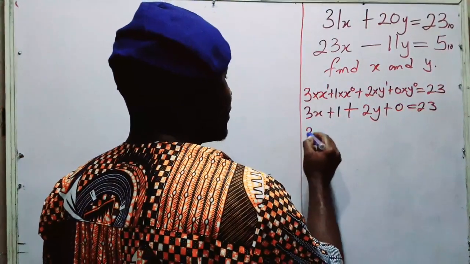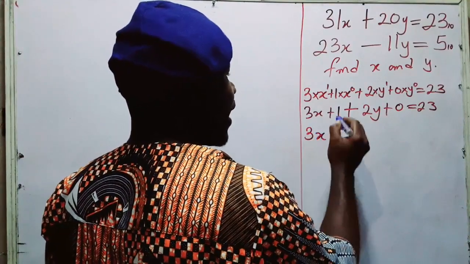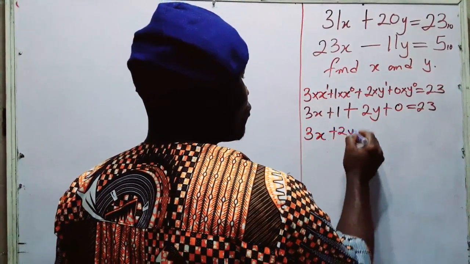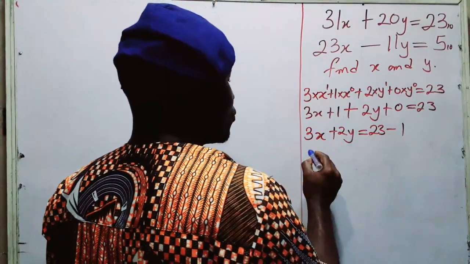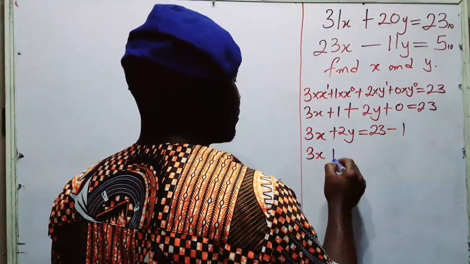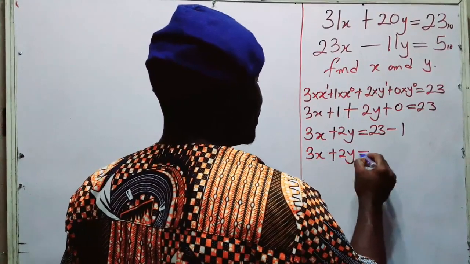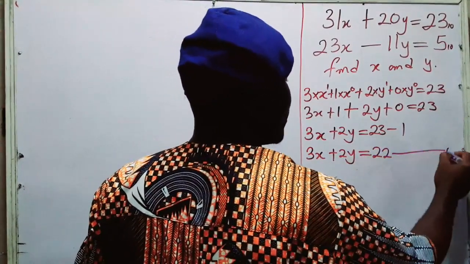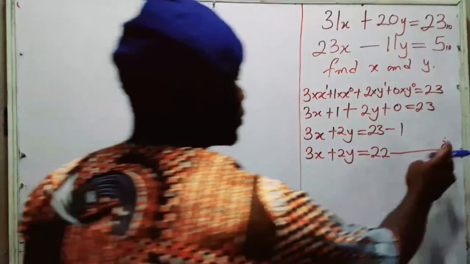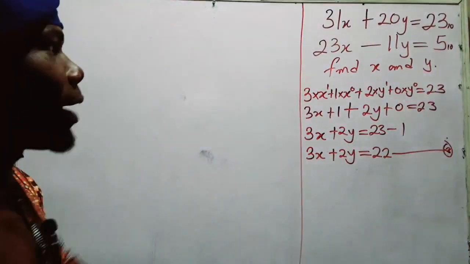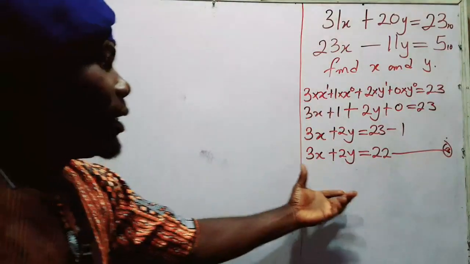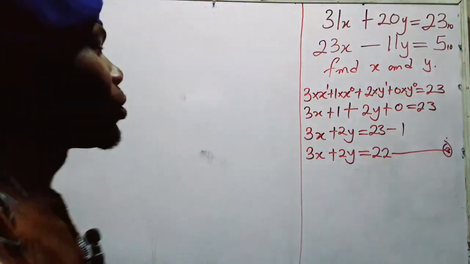So we have 3x plus 2y is equal to 23 minus 1. So we have 3x plus 2y is equal to 22. We call this our equation 3, because we already have equation 1 and equation 2.